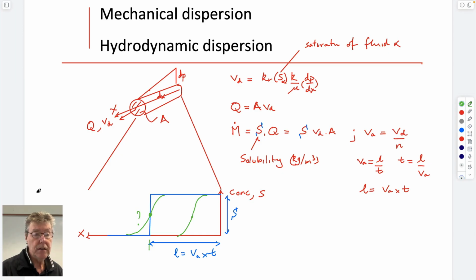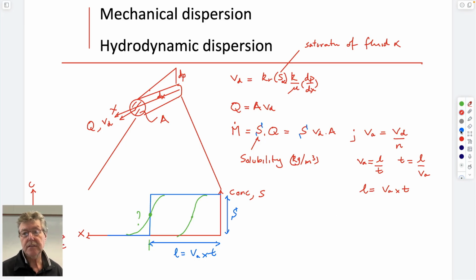And also, if we drew another curve, I'm getting a bit too involved in this right now, but imagine this going downstream and you plotting concentration, which is this, versus time.